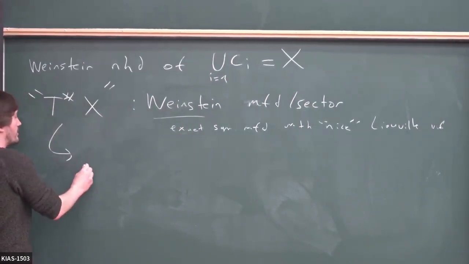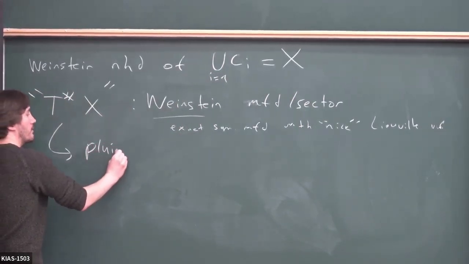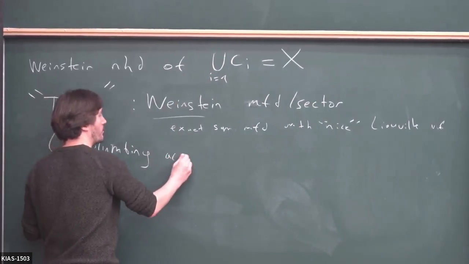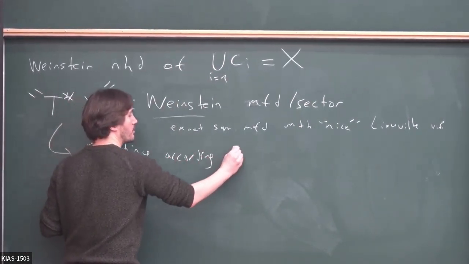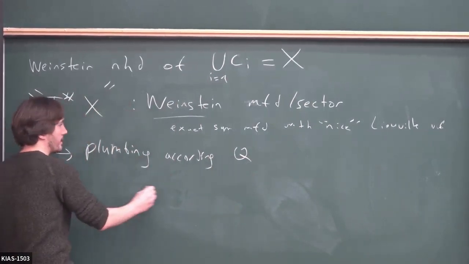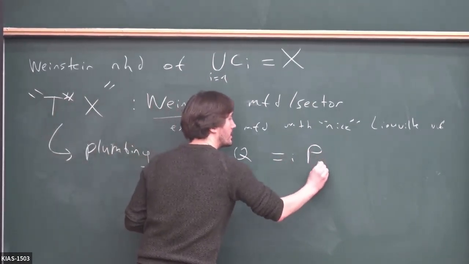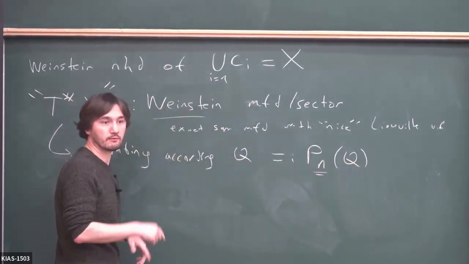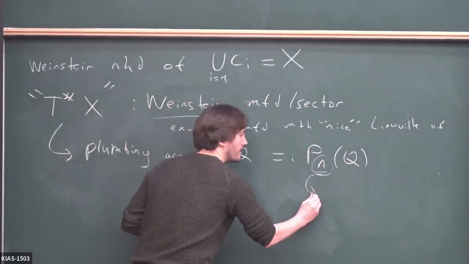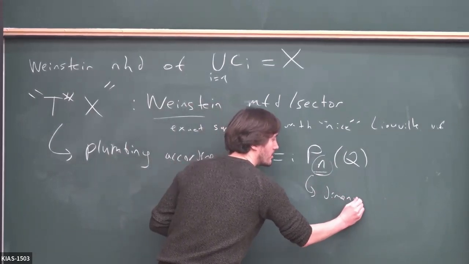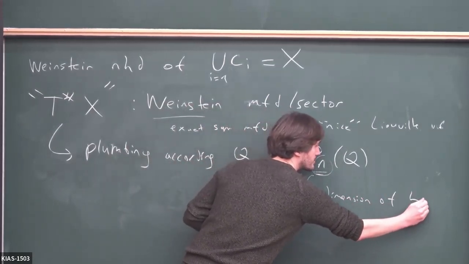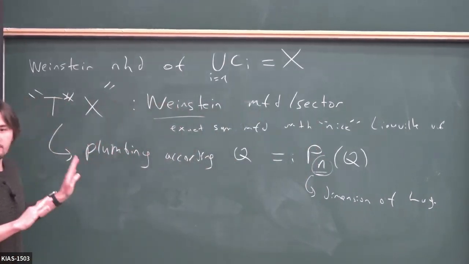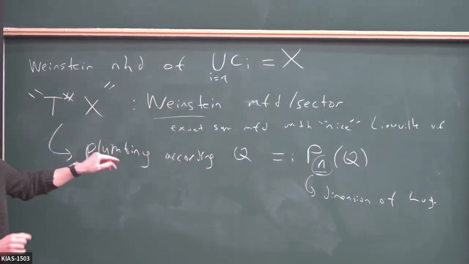And I will call it plumbing, according to Q, and denote it like P and Q, where P refers to the dimension of the space and Q to the dimension of the Lagrangians. Maybe, is it a clear definition?